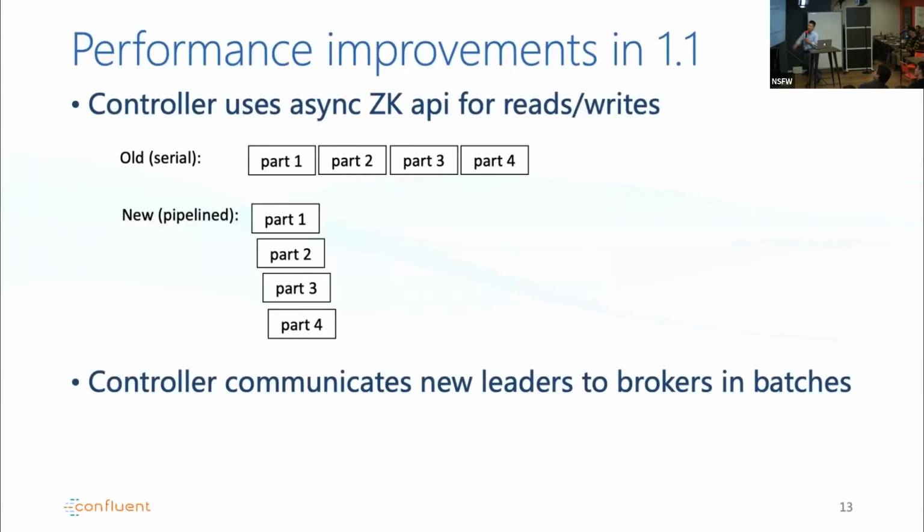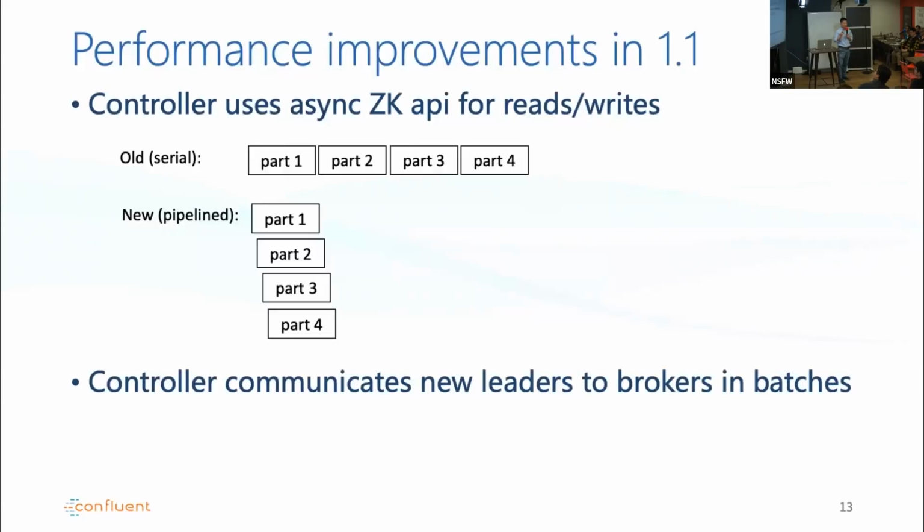Here, let's say we want to write 4 partitions of data. We'll wait for the first partition's metadata to be completed and then move on to the next partition. In the improved version, we made that more pipelined. We use this asynchronous pipeline API in Zookeeper.